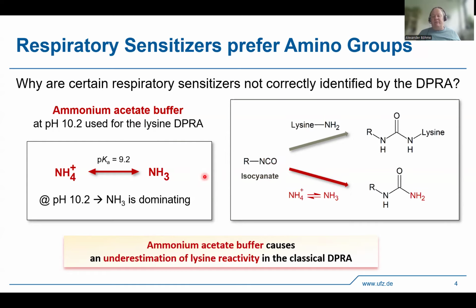And when they react with the buffer, they are no longer available for the envisaged reaction with the lysine peptide. This leads to the observation that with the ammonium acetate buffer, the lysine reactivity, or in other words, the amino reactivity of many test compounds, is underestimated by the classical DPRA.